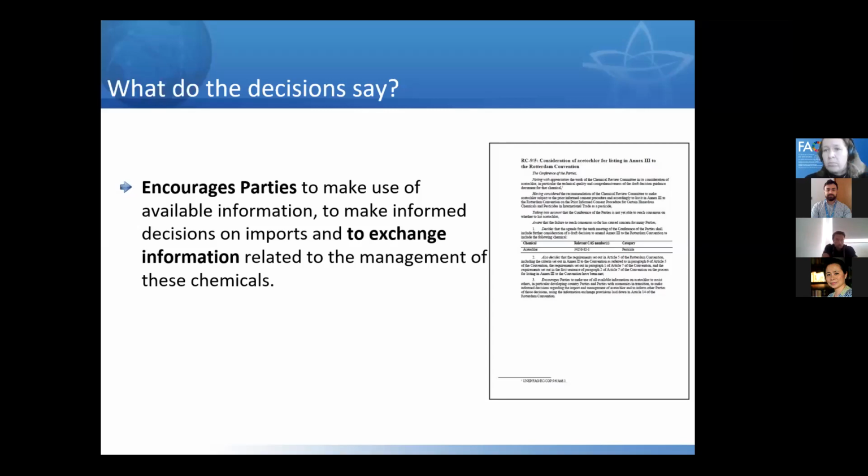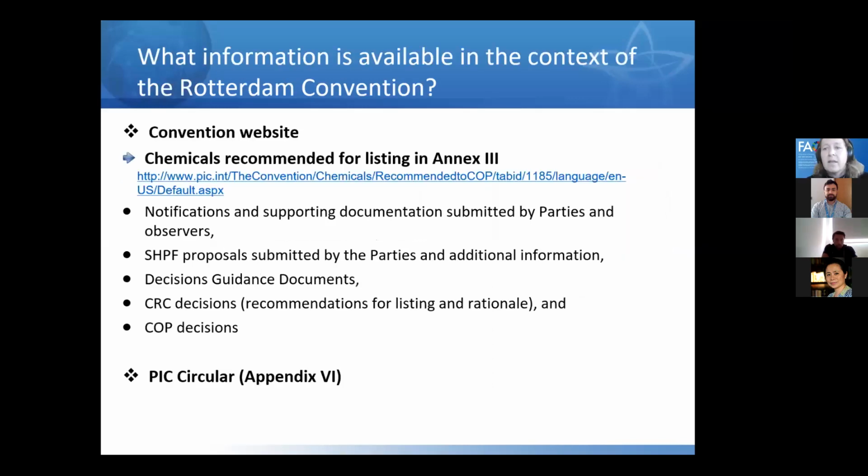This is a very important topic of the COP decisions, which we would also like to highlight through this webinar. The information available in the context of the Rotterdam Convention is on a dedicated convention website, and also in the PIC circular, which comes out twice a year, and we will talk about this later.